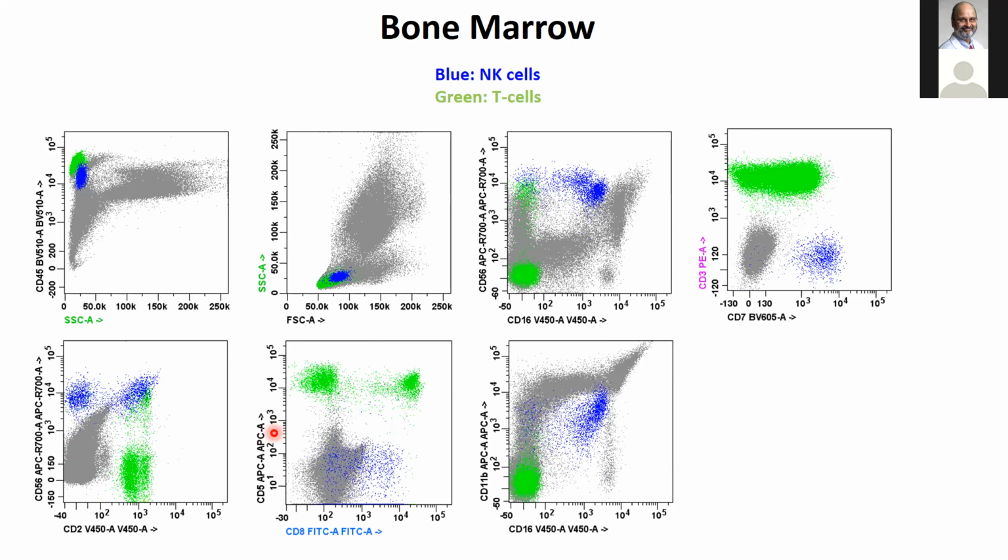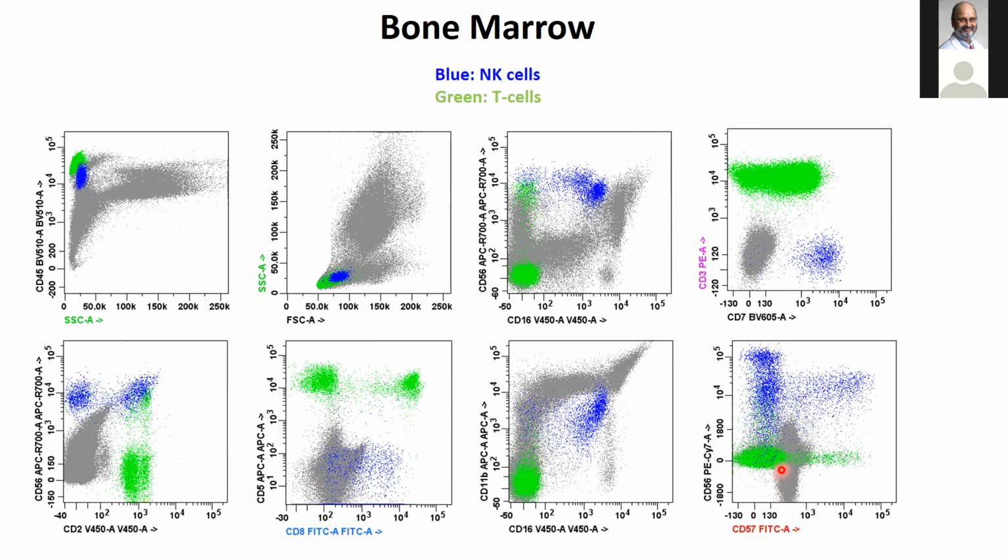As far as CD11B goes, the vast majority of your NK cells are going to show expression of CD11B, and you can have a few cells here and there that don't have CD11B expression. And then CD57, you're typically going to see a subset of NK cells express CD57.